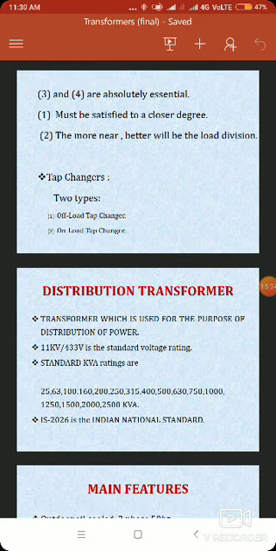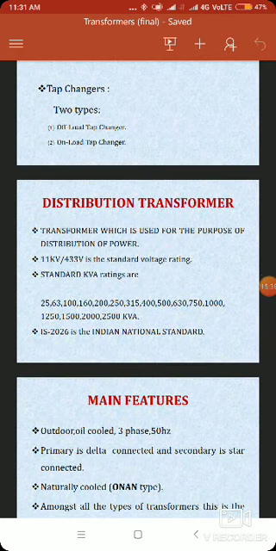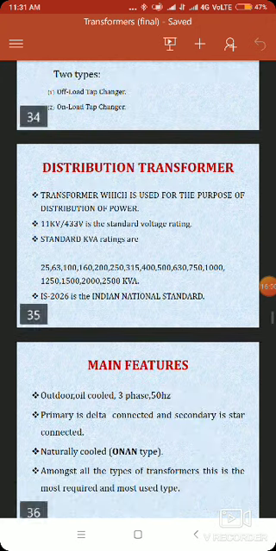Some kVA ratings for distribution transformers, as you can see, are standard: 25, 63, 100, 160, 200, 250, 350, 400, 500, 630, 750, 1000, 1200, 1500, 2000, 2500. They all follow the Indian Standard, IS 2026, which is the standard for power transformers.